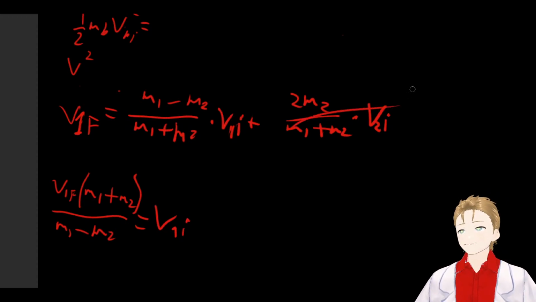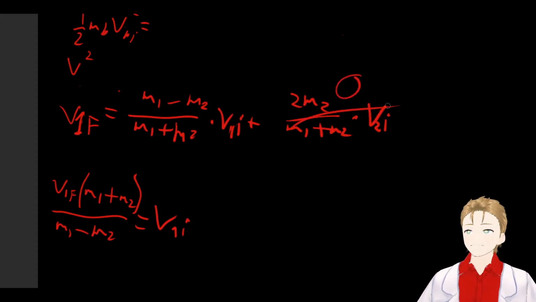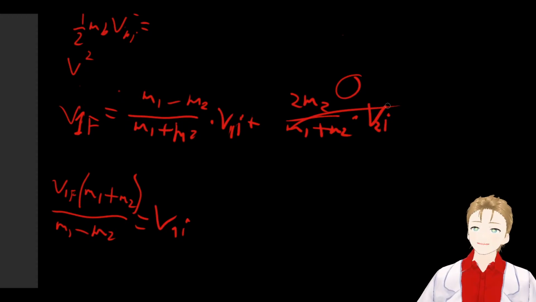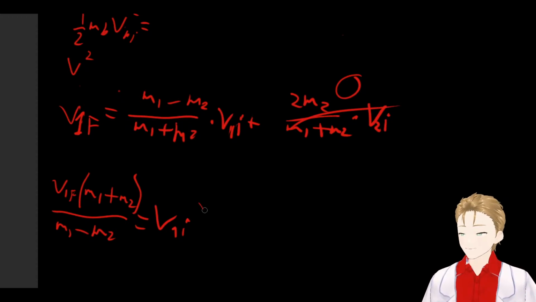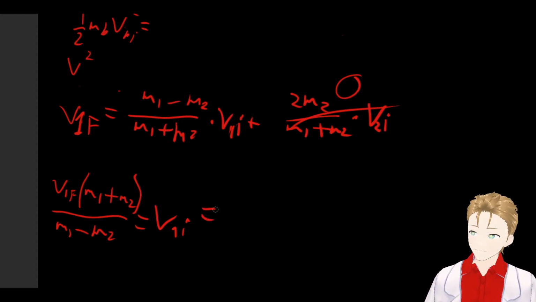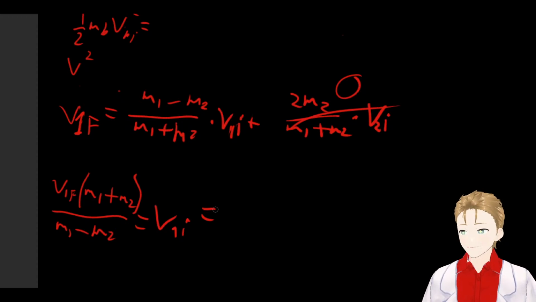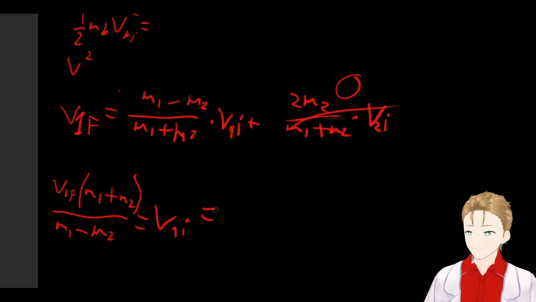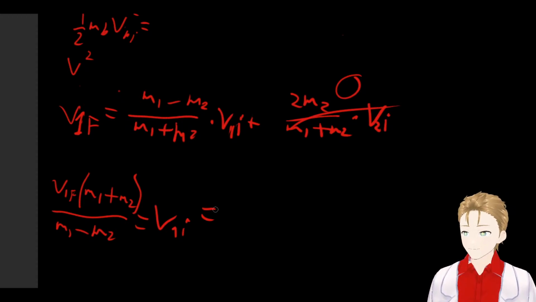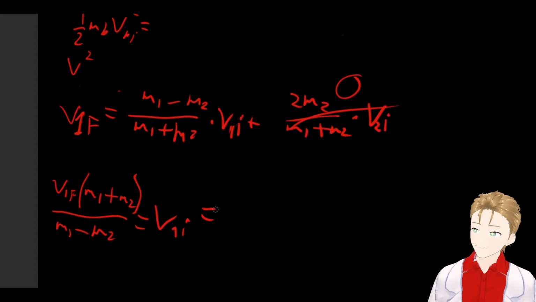We can ignore this because it's basically 0, because the velocity 2 initial is 0. It's not moving. The pendulum isn't moving at first. What would be the values? The final. I don't think I have the final. Was I given the final? No.